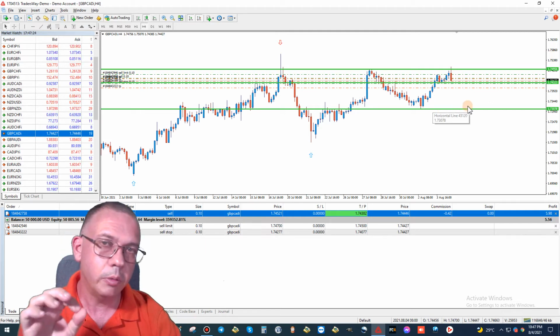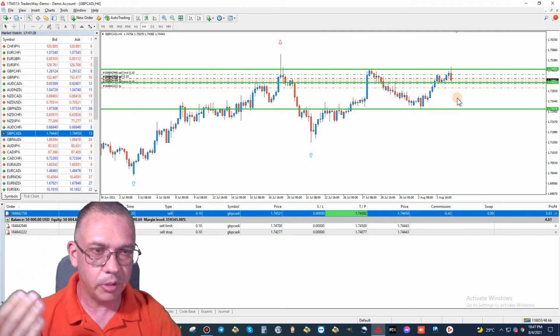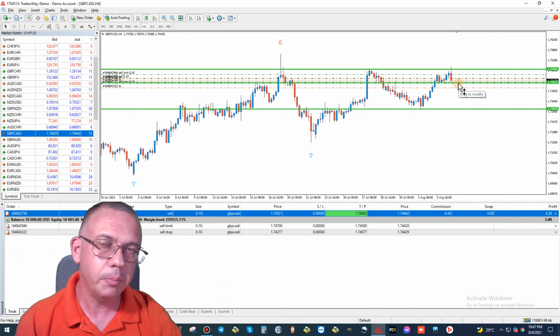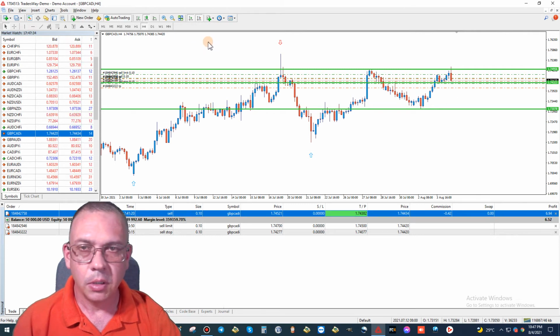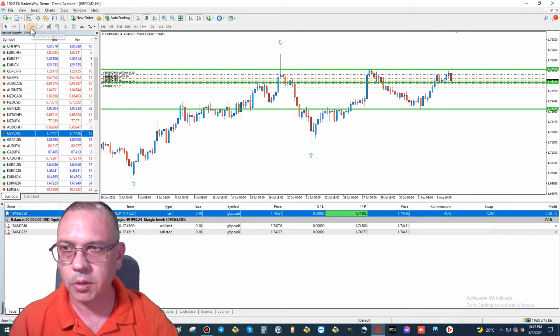What I want to put here is a buy limit pending order. So if the price drops down to here, it'll activate a buy trade and come back up. To me that's even better than using a stop loss, because with a take profit you can only win in profit.